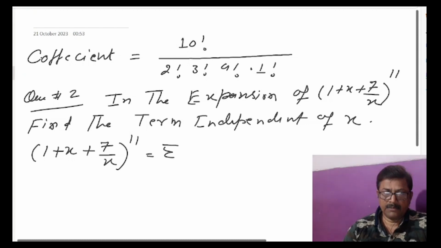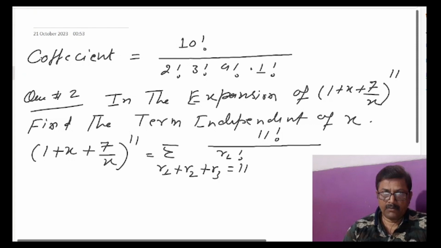So sigma r1 plus r2 plus r3 equal to what? n. Okay, n equal to 11. Correct? n factorial, so 11 factorial divided by r1 factorial into r2 factorial into r3 factorial.